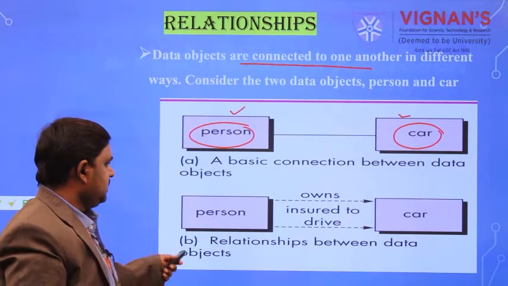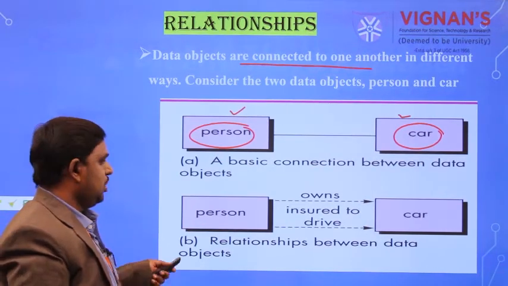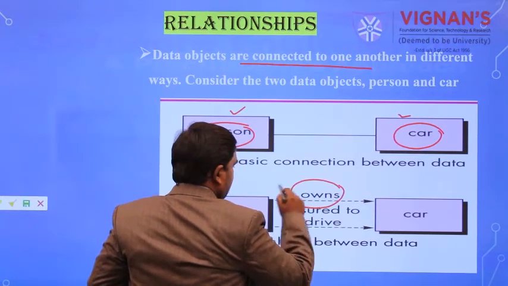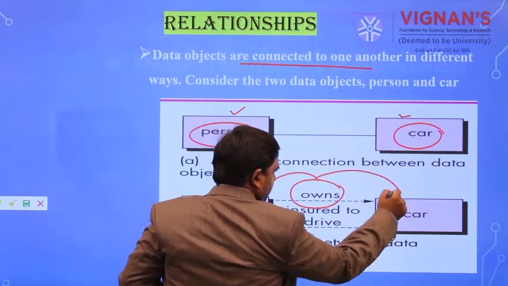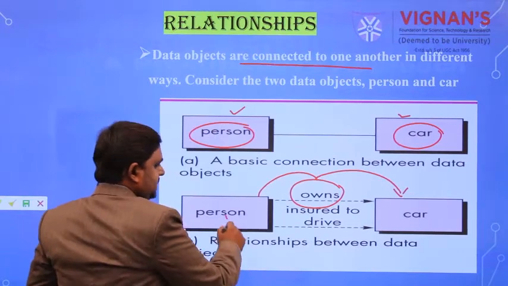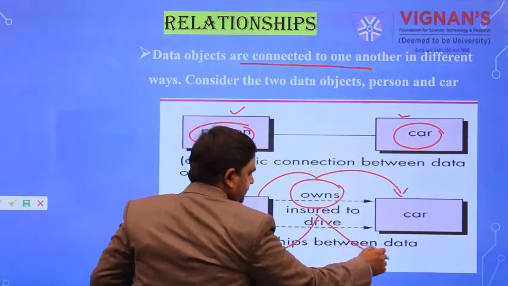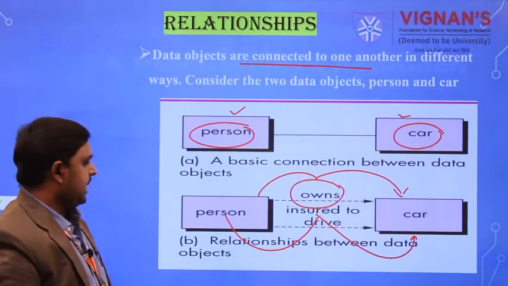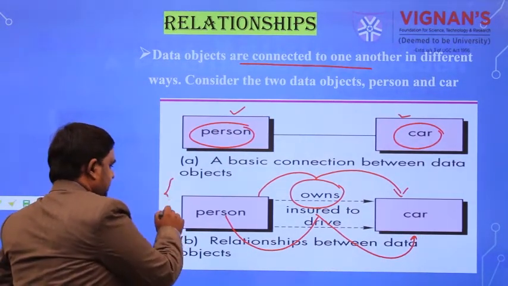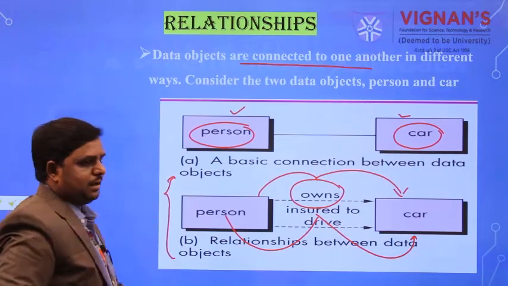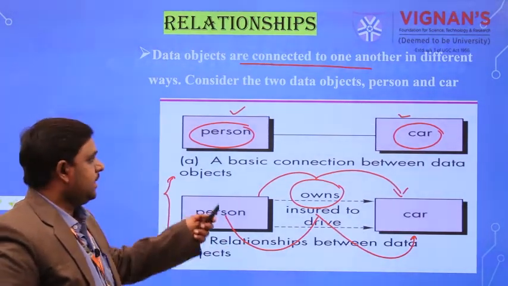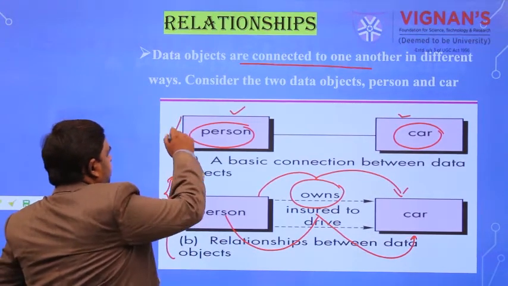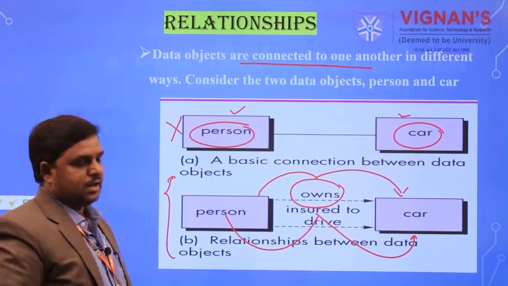So in this example, person and car are the two objects. What will the person do? The person owns the car, and the same person can be insured to drive the car. In this representation, we can understand the relationship between the person and car data objects, whereas in the other one we cannot.